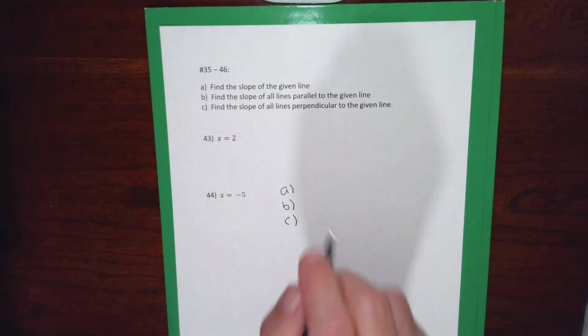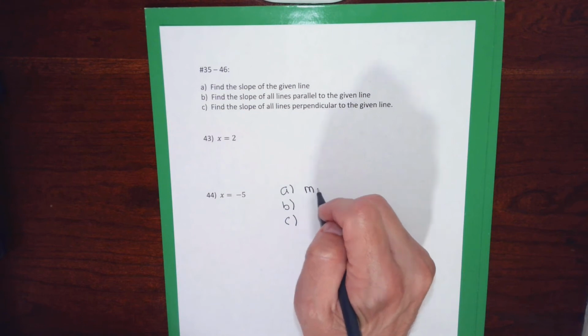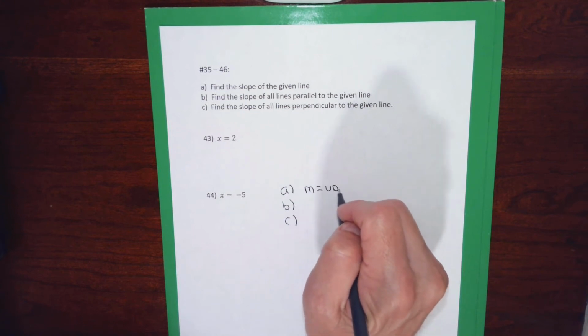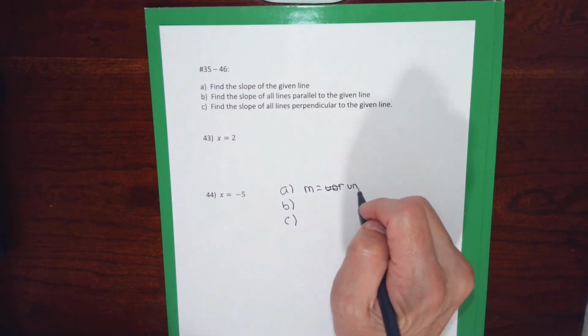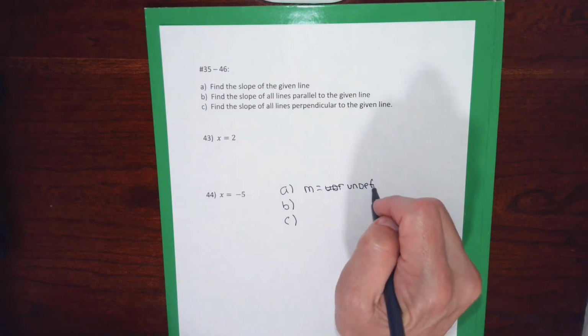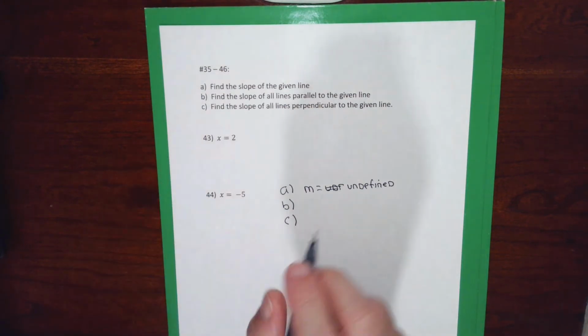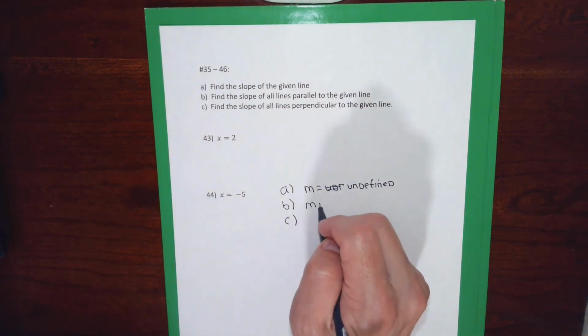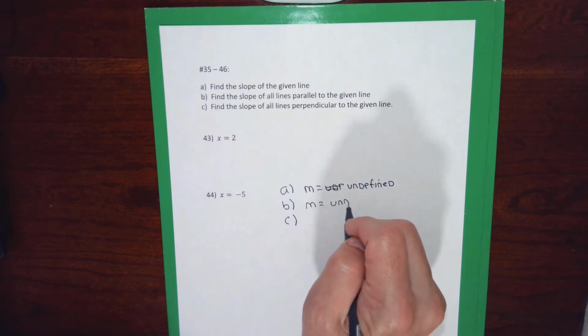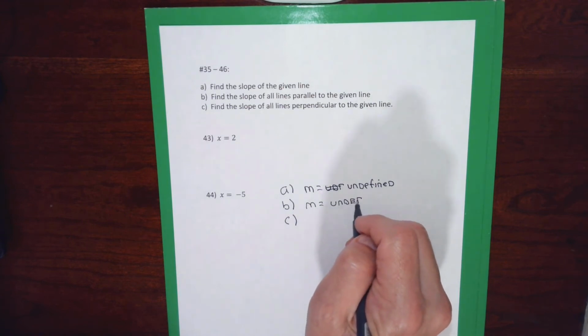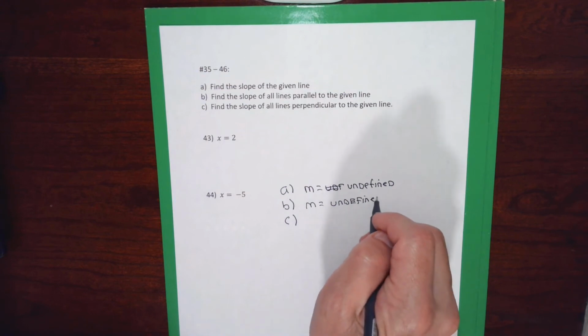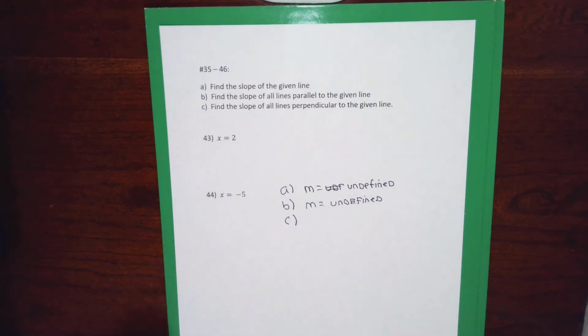So the slope of the given line, you can spell undefined, is undefined. That means the slope of all parallel lines has to be the same, which is undefined.